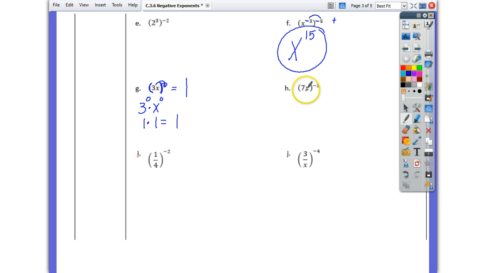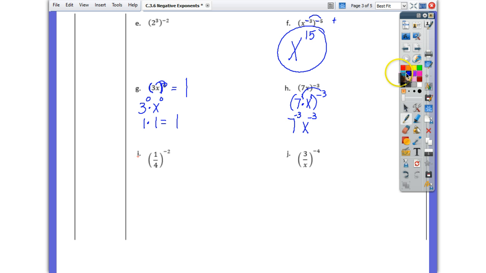Now don't let this one trick you, all right? We learned that this is 7 times x. There's 2 factors in here to the negative 3 power. So these all have that assumed 1. Multiply. This is going to be 7 to the 1 times negative 3, a negative 3 power. 1 times negative 3, we're going to have x to the negative 3 power.